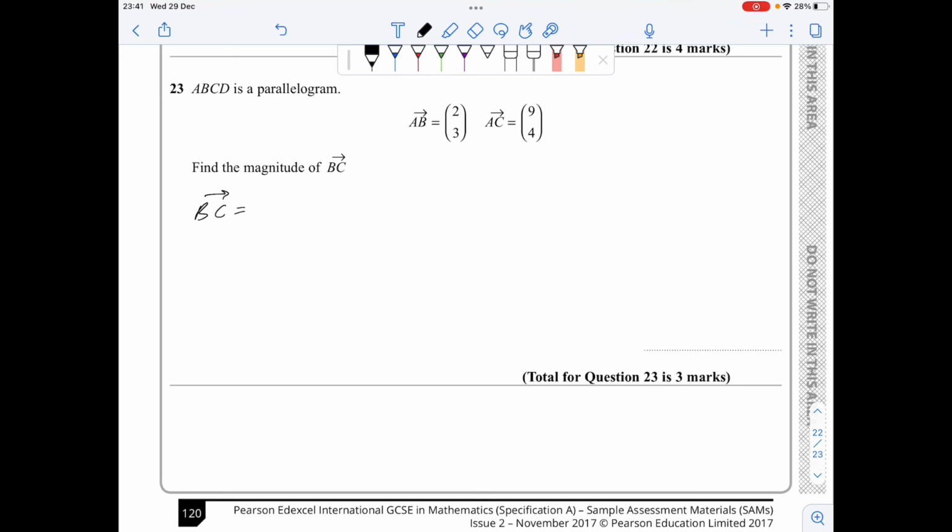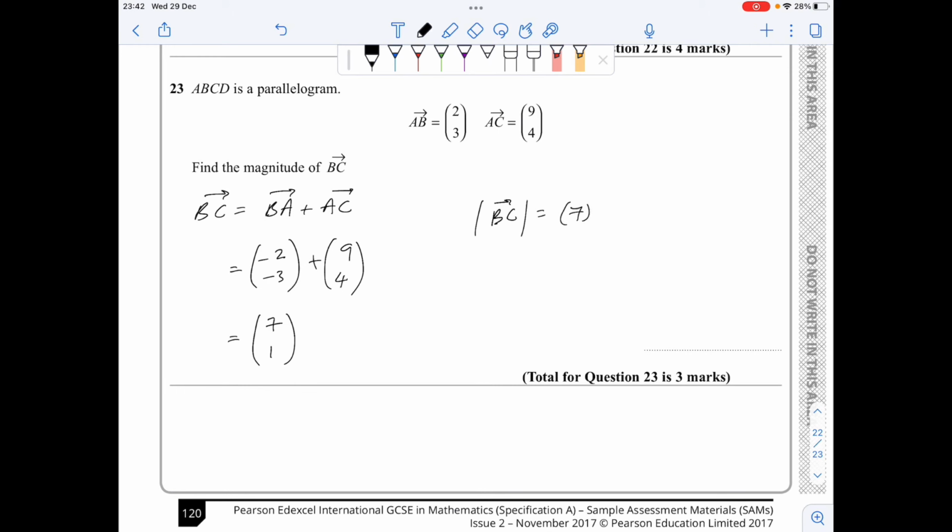So this is (7, 1). So to find the magnitude of BC, I will use Pythagoras' theorem. That's 7 squared plus 1 squared, and then I'm going to take the square root, and the answer comes out to be the square root of 50, or any other simplified version.